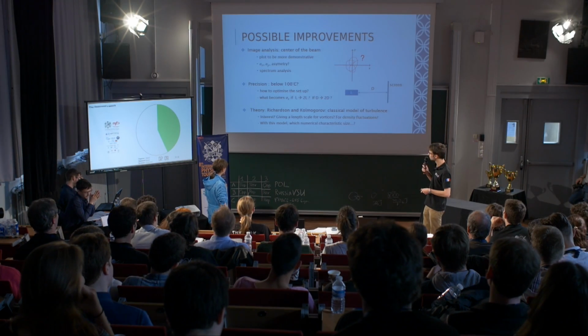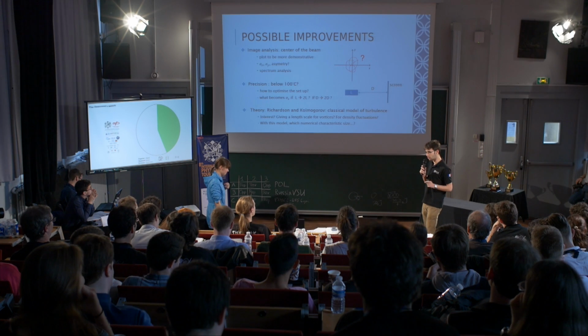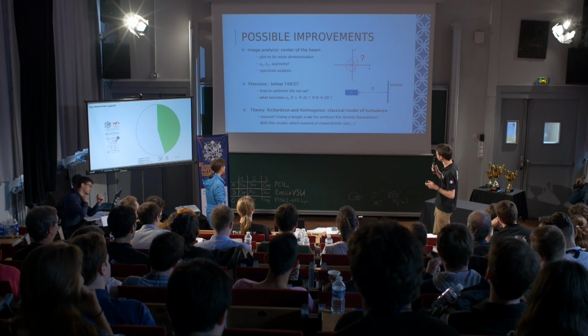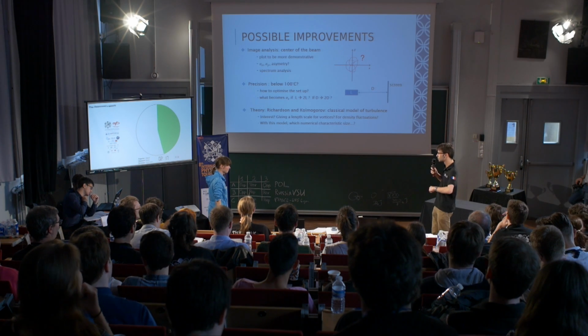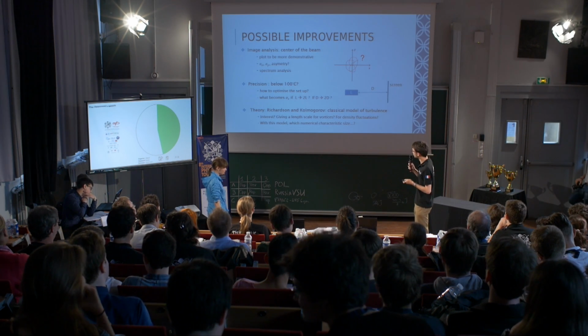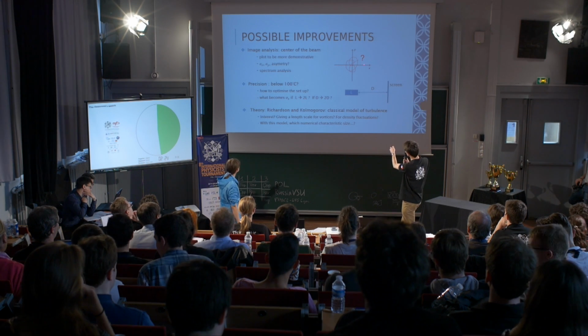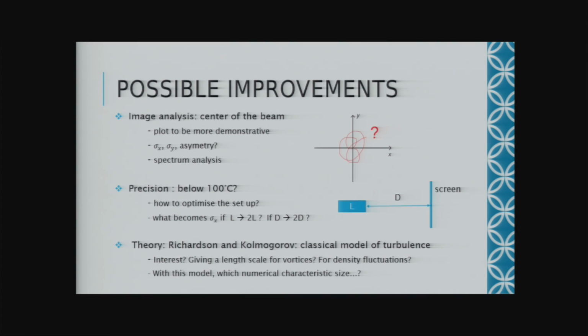How to optimize the setup, considering that you have a relatively low standard deviation compared to the size of your beam? Maybe you could optimize your setup to increase the standard deviation. What happens to the standard deviation on the x-axis, for example, and maybe on the y-axis if you have a different answer, if I multiply the size of your plate by 2?